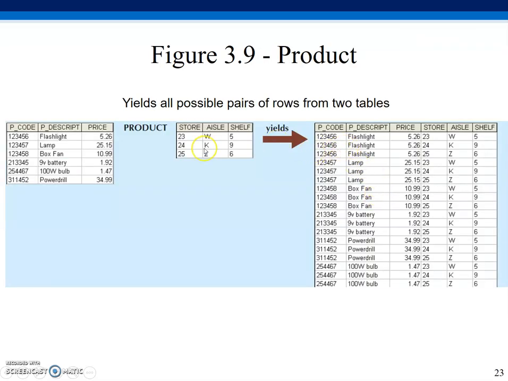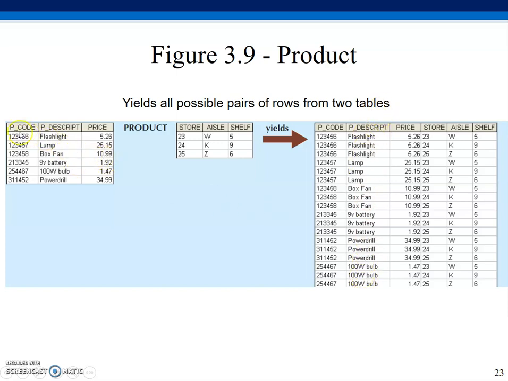Product. Now product is something that is worth understanding, because when we try to join the two tables, product in this situation just joins them, merging together mindlessly. Here I have 1, 2, 3, 4, 5, 6 rows, and there are 3 rows here. So 6 times 3, you will have 18 rows here.